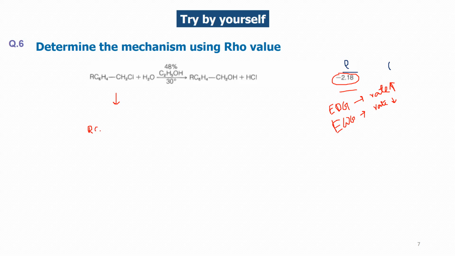So first we will remove the leaving group. Primarily a carbocation forms, and if we add an electron donating group, what will happen? It will donate electron density to this position and the carbocation will get some stability.